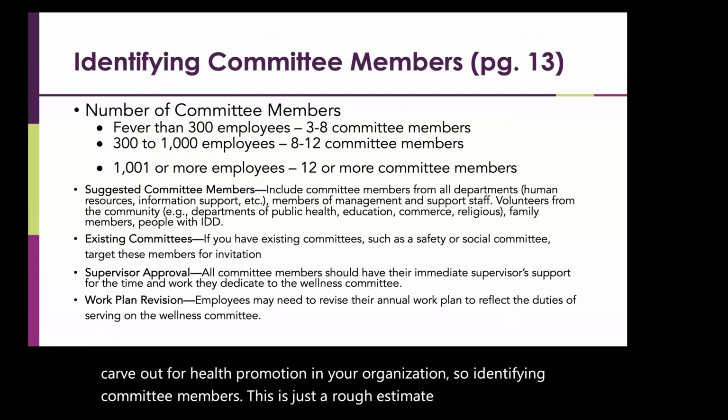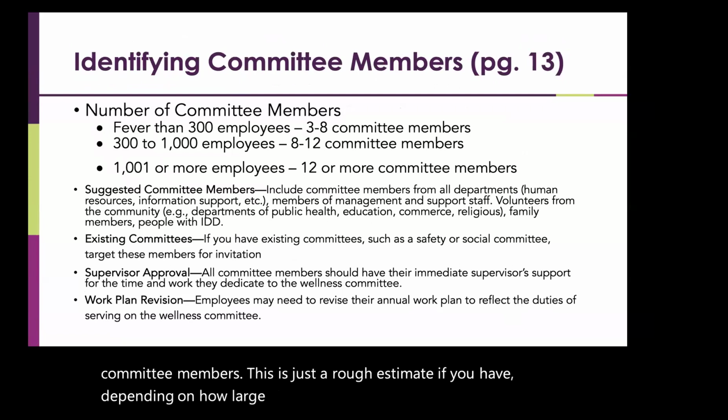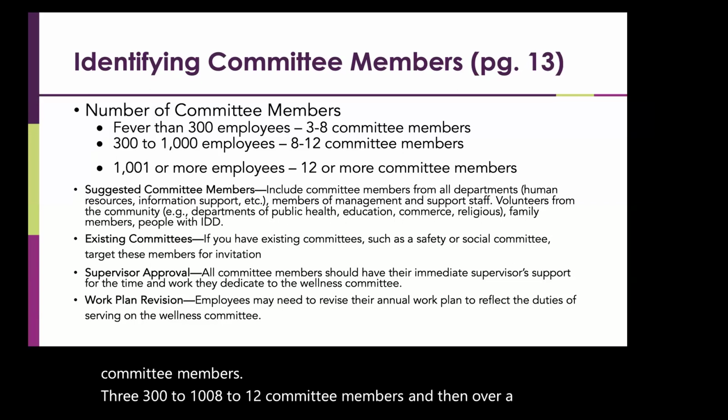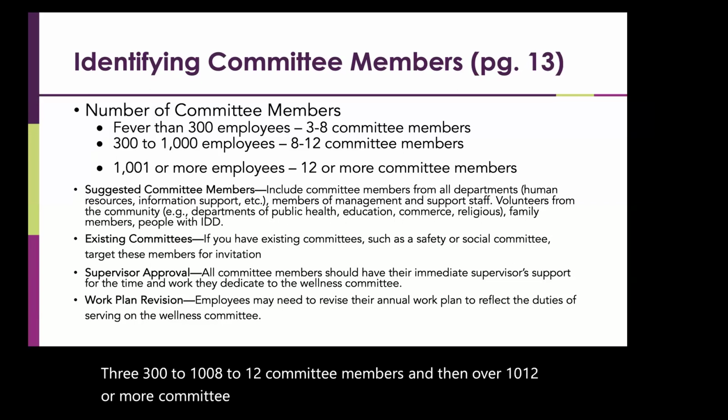So identifying committee members, this is just a rough estimate. Depending on how large your organization is, if you have fewer than 300 employees, about 3 to 8 committee members; 300 to 1,000, 8 to 12 committee members; and over 1,000, 12 or more committee members. We always talk about starting small.